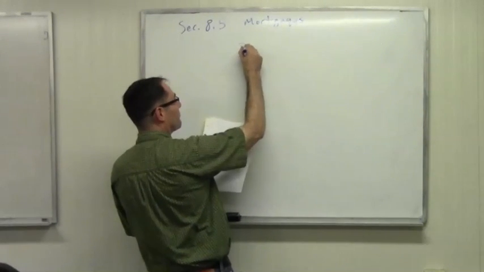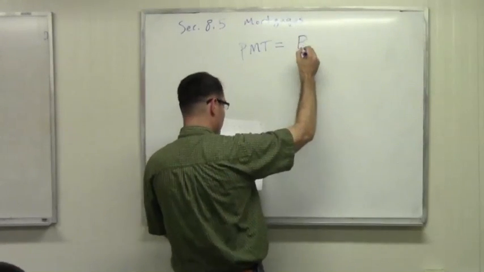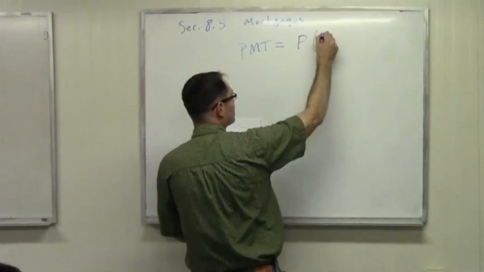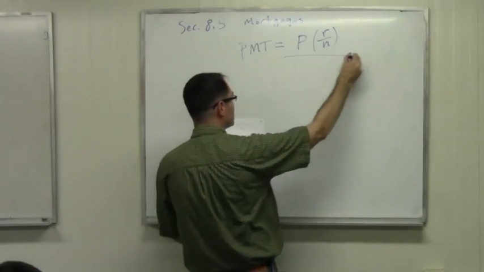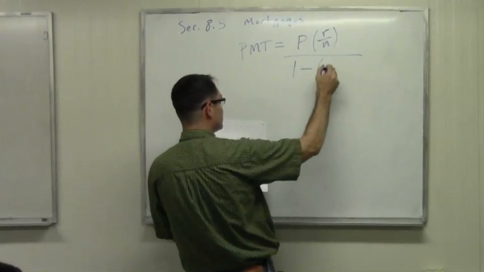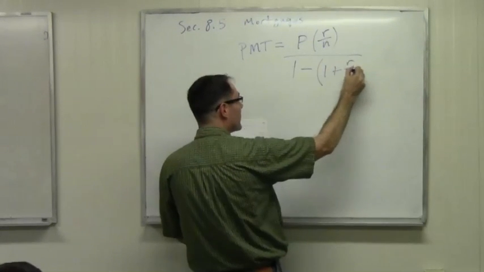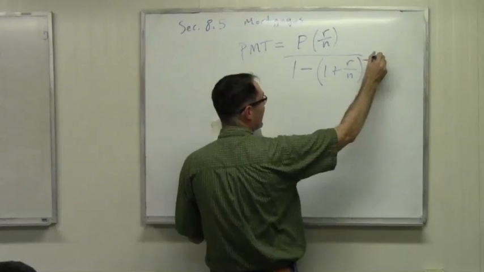The payment amount for your mortgage equals the principal times the rate divided by the number of times per year you're going to pay this, just like always, divided by 1 minus, in parentheses, 1 plus the rate divided by the number of times per year, to the negative nt.